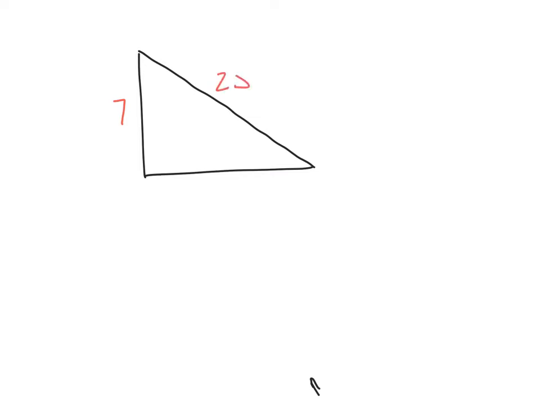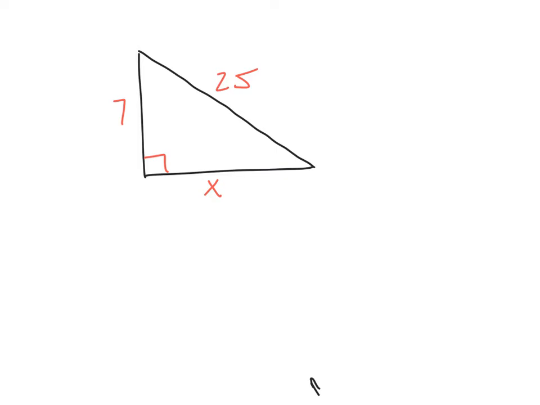Well, let's do an example here. Let's say I come up with another triangle. We'll call this 7, we'll call this 25, call this a right angle, and call this x. And I just want to know, what does x equal?